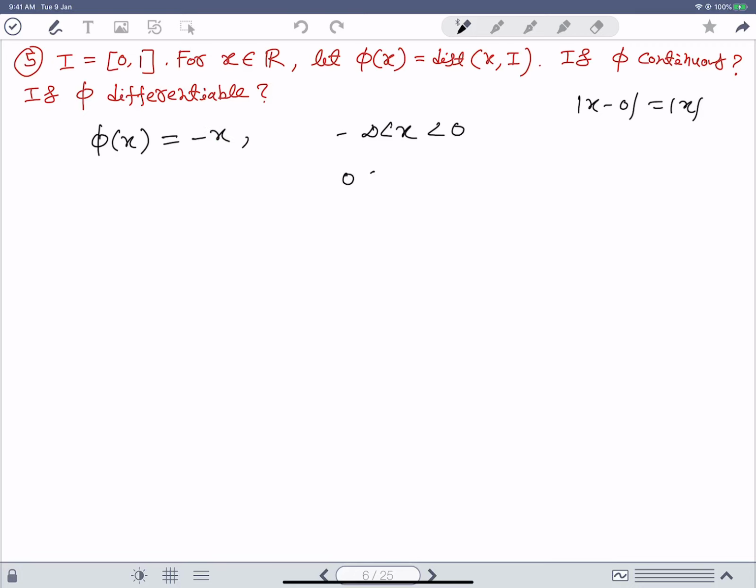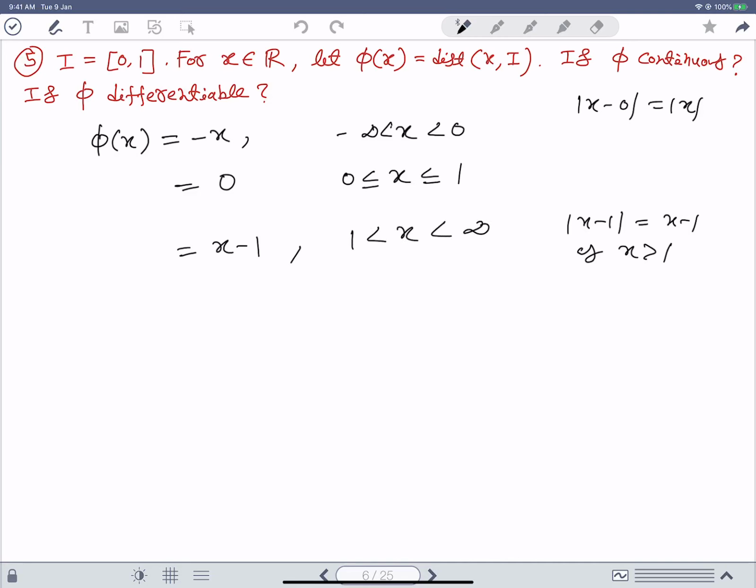Now, when we have 0 less than or equal to x less than or equal to 1, then the distance will be 0, because the value x itself lies in I. So, therefore, it is 0, right? Now, if x is bigger than 1, then it will be |x minus 1|, so it will be just x minus 1, for 1 less than x.